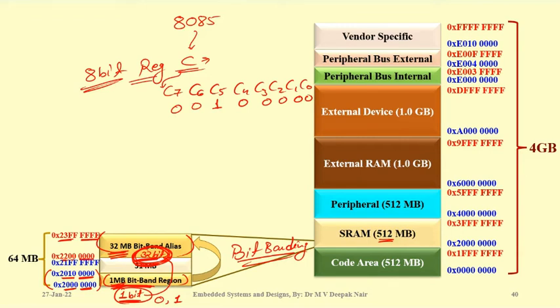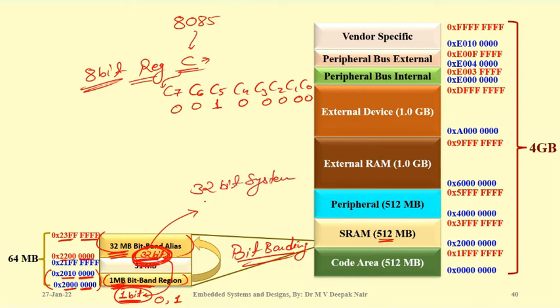Yes, sir. Okay. So here, using bit banding, you can individually change any particular bit of a memory. But for that, because this is 32-bit, what we can do, we have a 32-bit system. What does that mean?